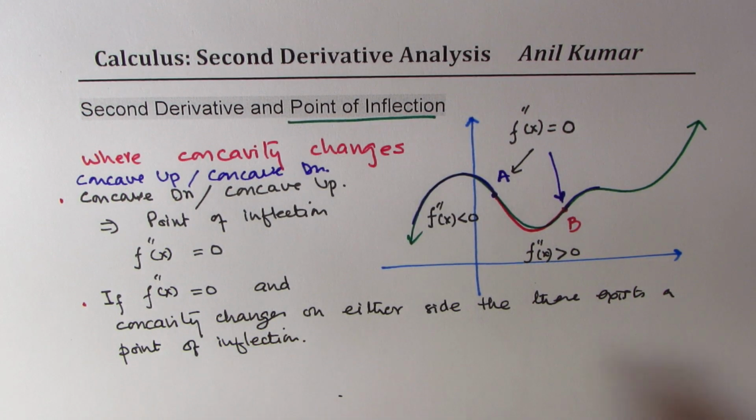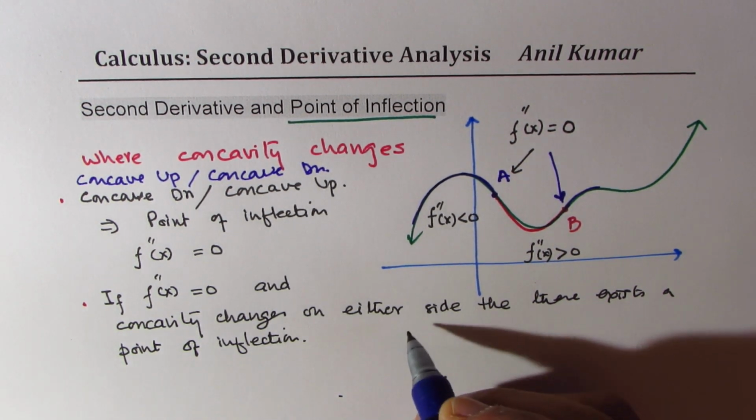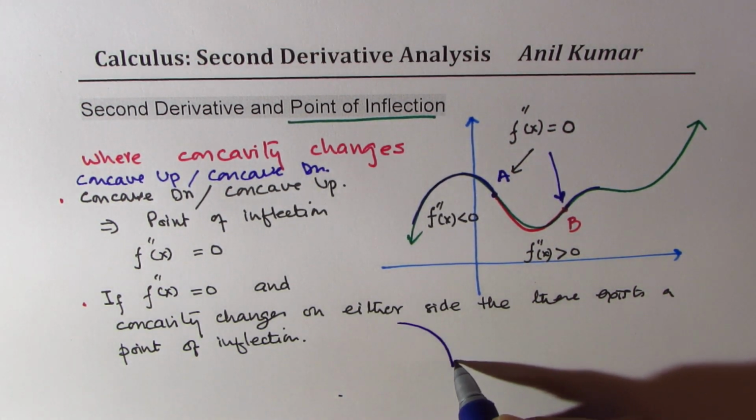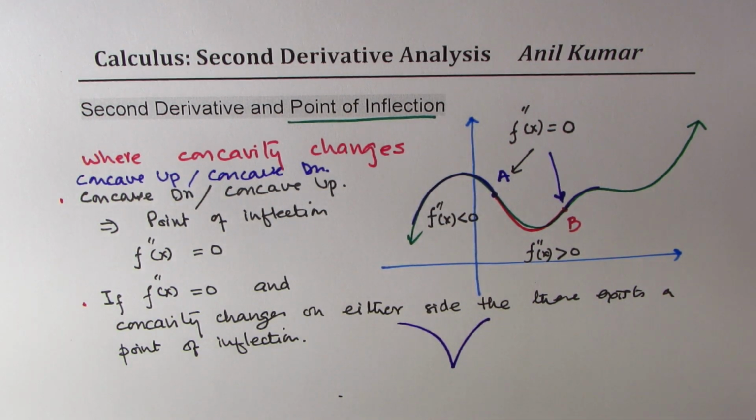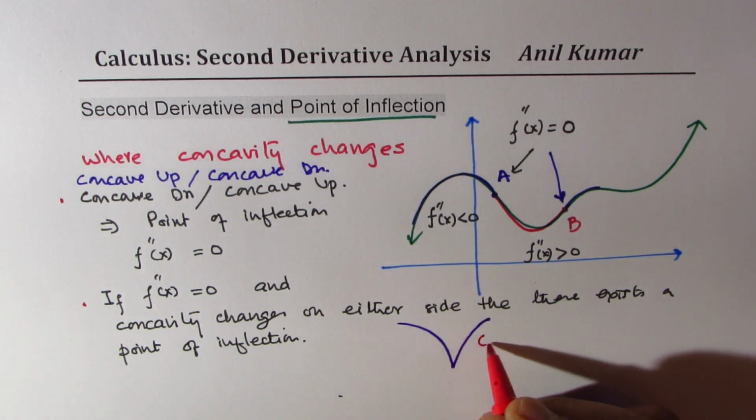Now there could be situations where we may have the second derivative as 0, but since the concavity may not change, we may not have a point of inflection. That is also very important to understand. For example, we could have a situation like this. Here, on both sides it is concave down.